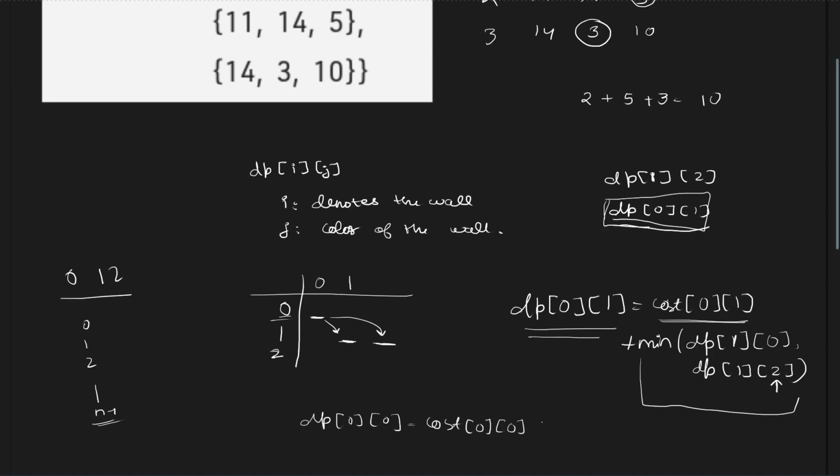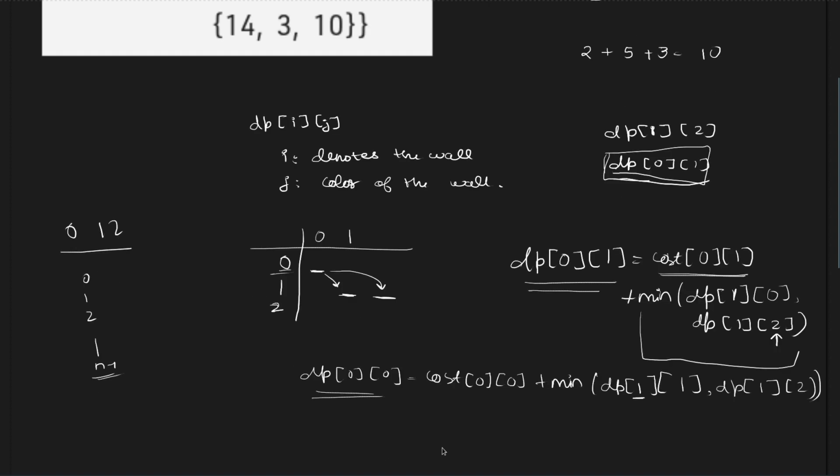So we have considered the cost, plus we'll have to add the minimum of two values. Those two values will be, first of all, I'll have to increment this value to 1 because I'm considering the next wall now, and I cannot take 0, so I'll take 1. I cannot take 0, so the next number that is left with us is 2, right? So this will be my answer or my result for this particular state, right?